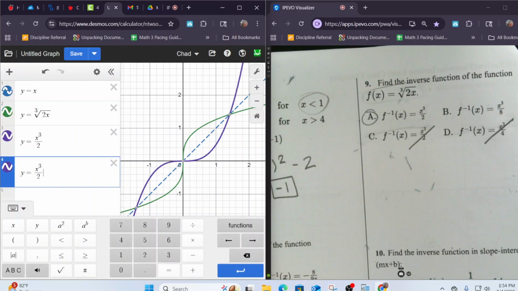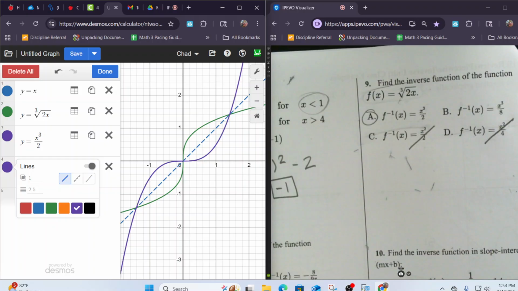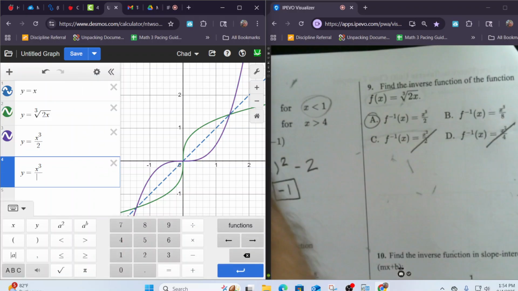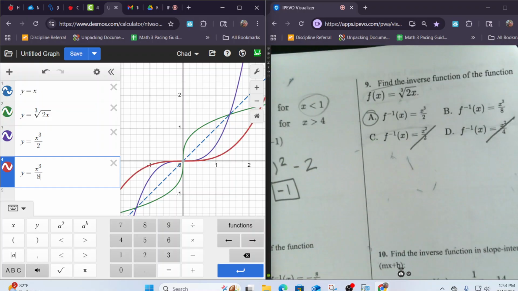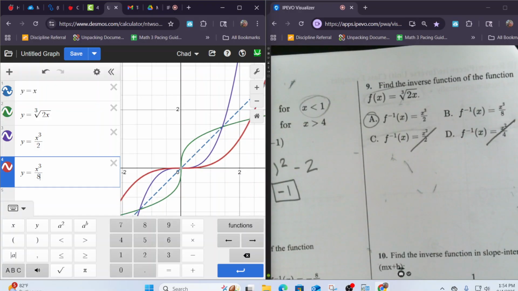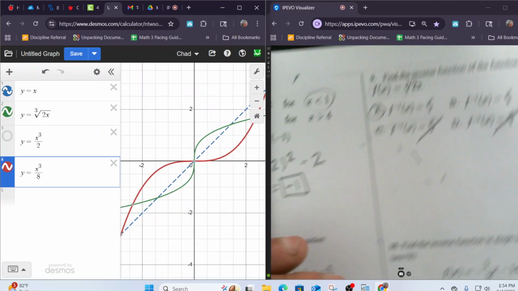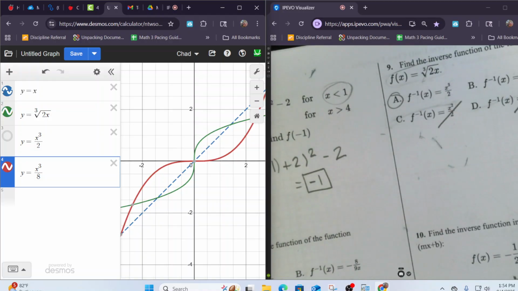If you put an 8 here, it's going to look close, but it's not going to be exact. Notice how the red and green, the green being the original, the red being B, notice how these don't meet on the line. These two right here, that's a good indication that is not the inverse of that function. Another way you could do it is go look at the table and see if the x and y values are swapped. You could do it that way. All right.